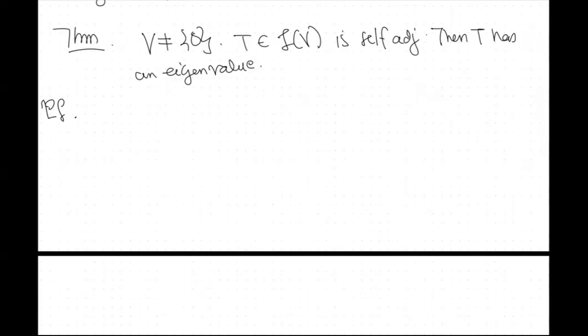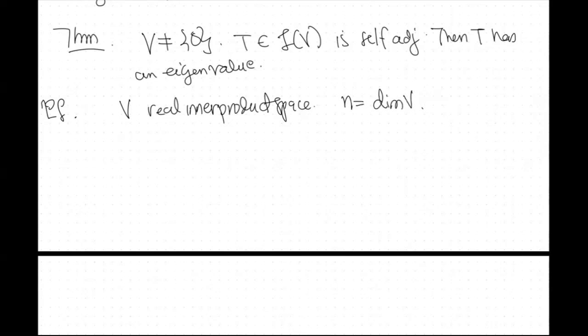Because we're dealing with the spectral theorem in real inner product space, we assume V is a real inner product space, and let n be the dimension of our vector space. Choose an arbitrary element v in V, which is, of course, the nice one, not zero.